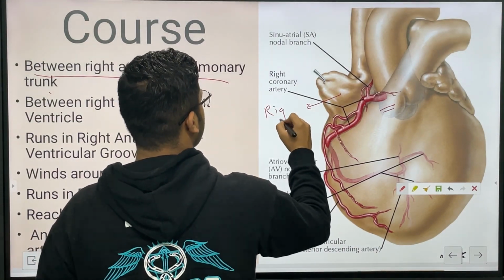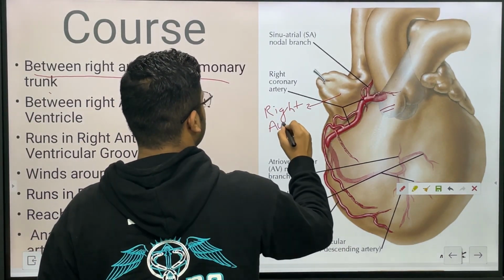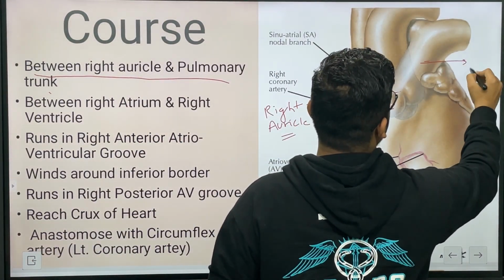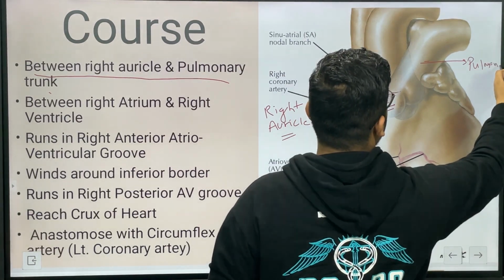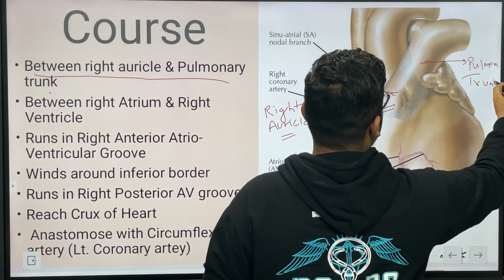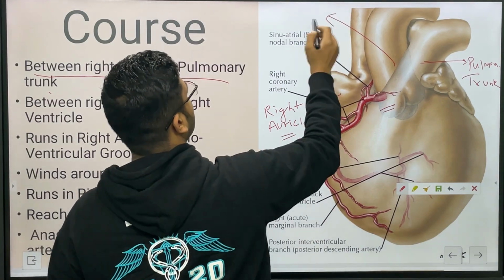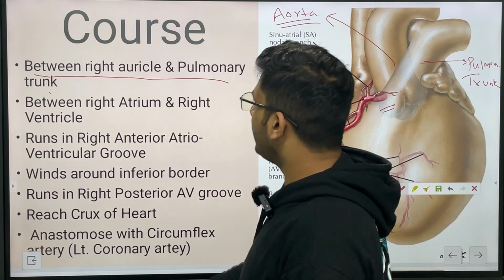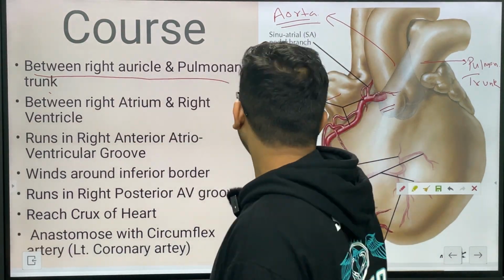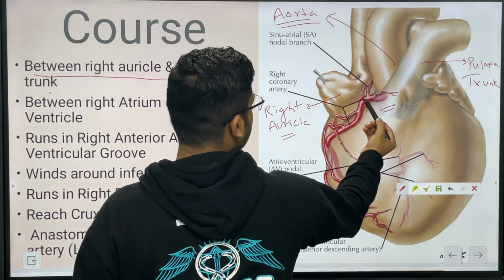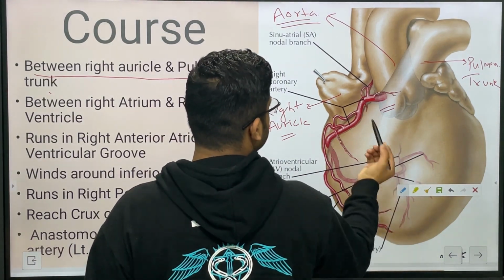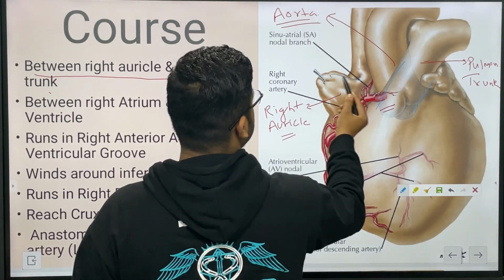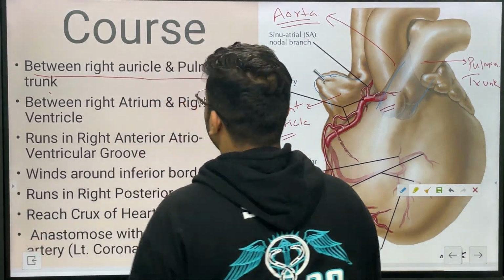This is your right auricle, and this is your pulmonary trunk, and this one is your aorta, the great artery. So it is between the right auricle and pulmonary trunk, right? It is between the pulmonary trunk and the right auricle.